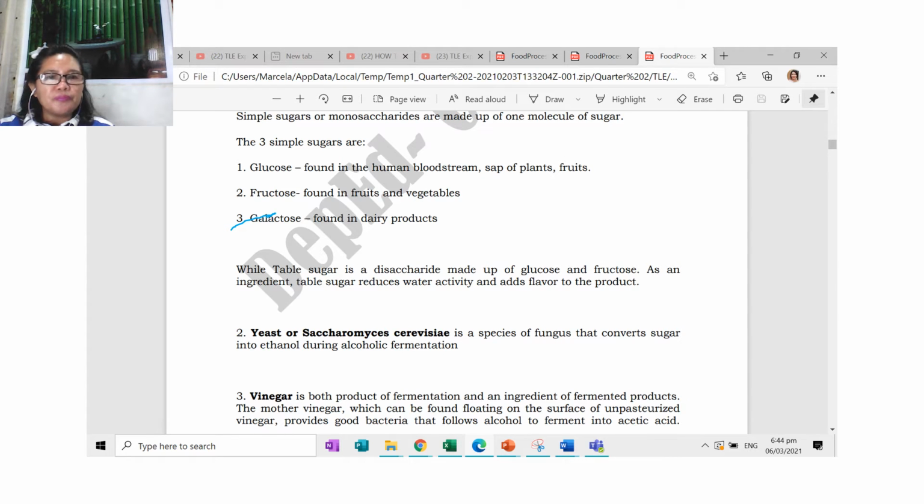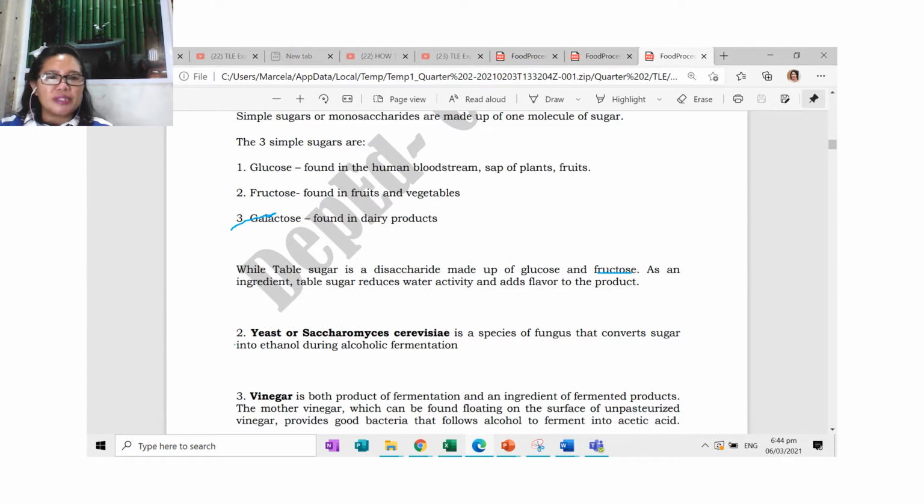While table sugar is a disaccharide made up of glucose and fructose. As an ingredient, table sugar reduces water activity and adds flavor to the product. So number one is sugar.